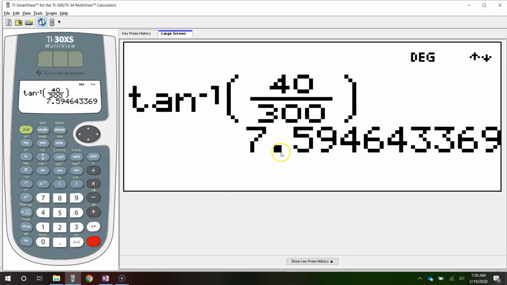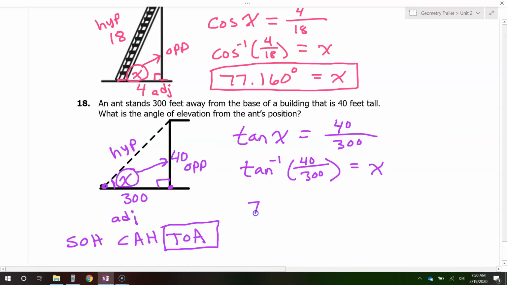So that is 7.595. Got to round up. 7.595. And this is an angle, so the units will be degrees.